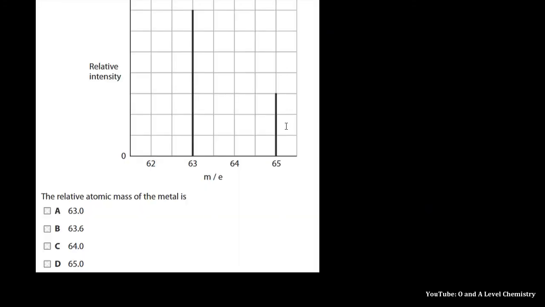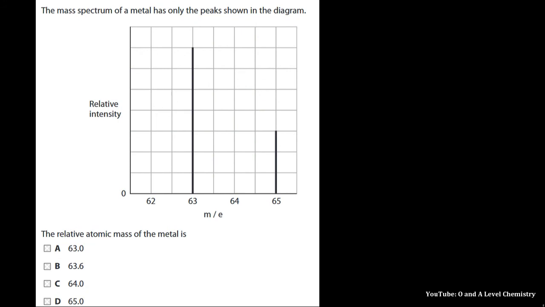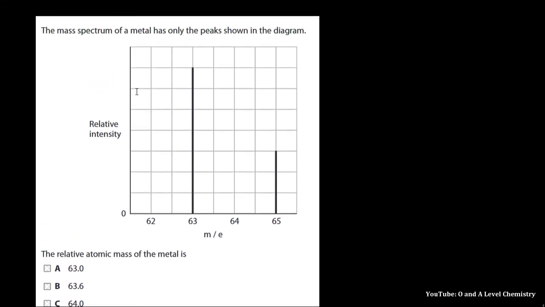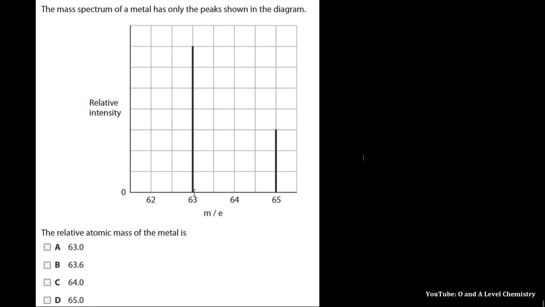Like I've said, always be careful when calculating the relative atomic mass. In here, this is a question paper from Pearson Edexcel. Here you're given mass spectrometer data. You have M by E on the x-axis, and the relative abundance on the y-axis. These are the options.